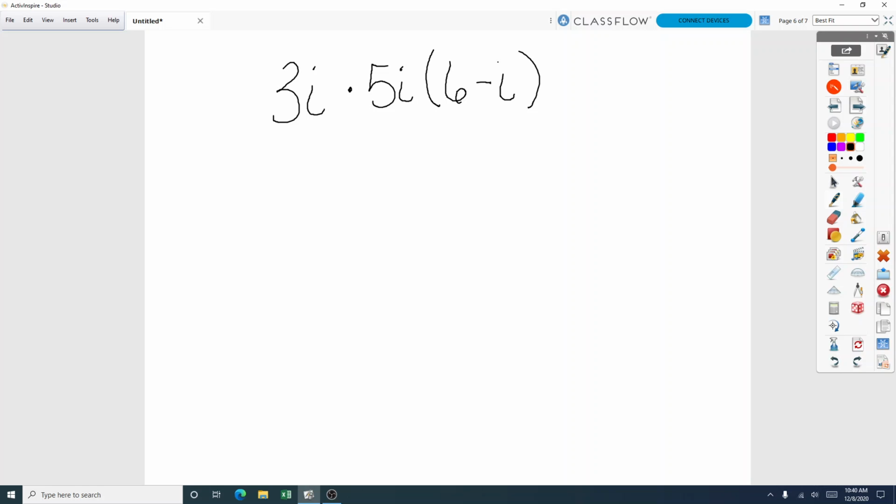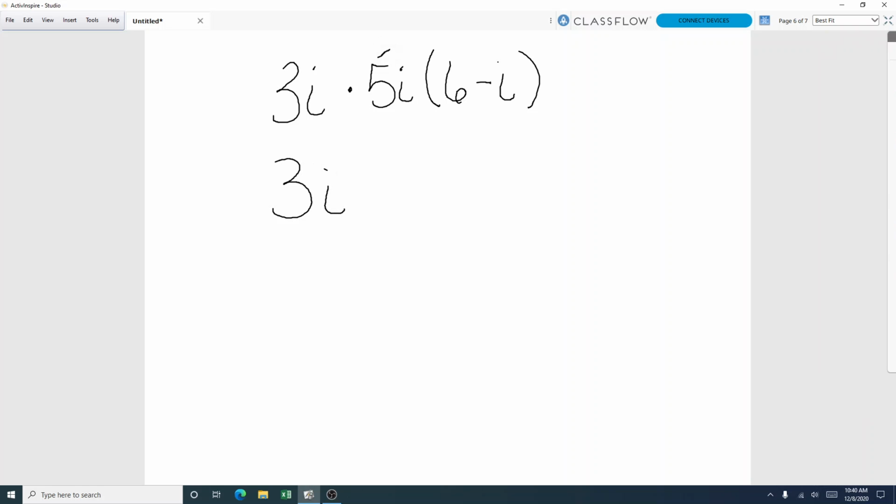So this is 3i times 5i times 6, which is what? 30i. And then 5i times -i is -5i squared.